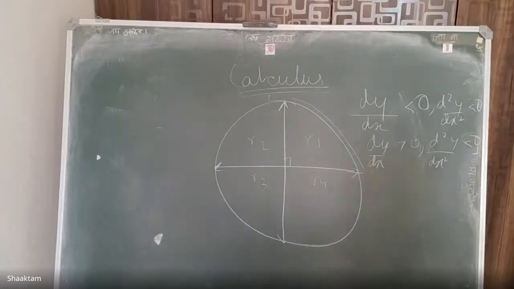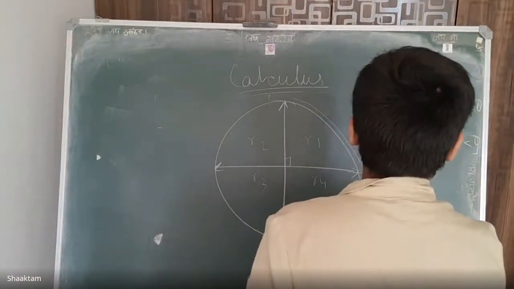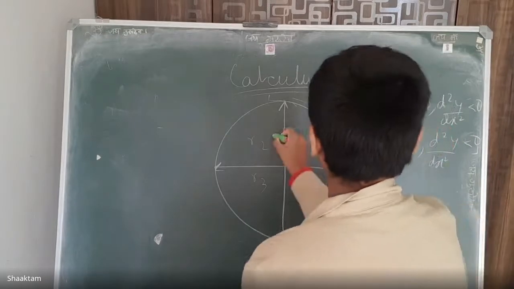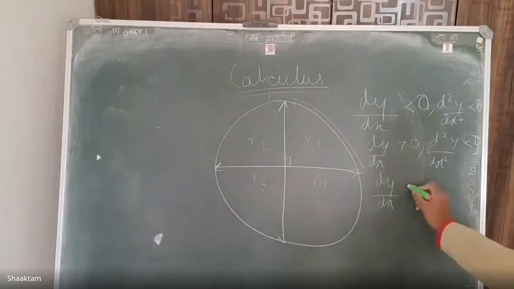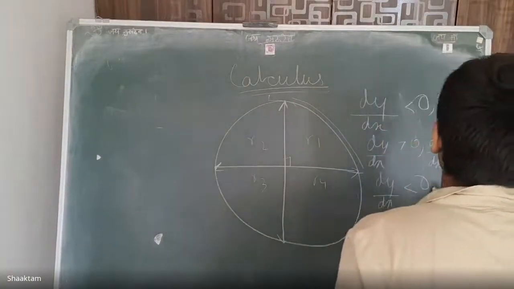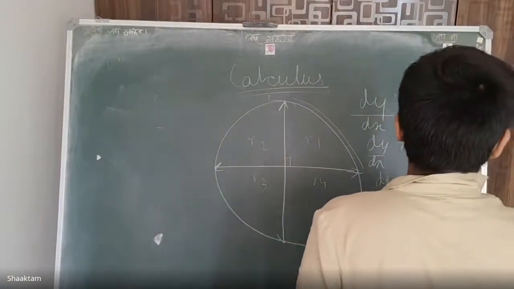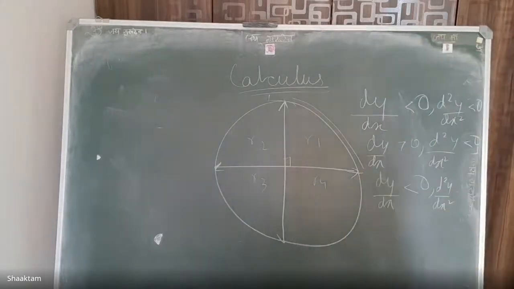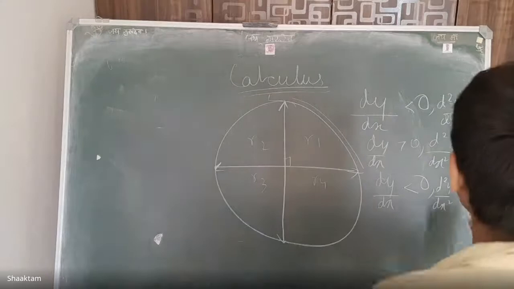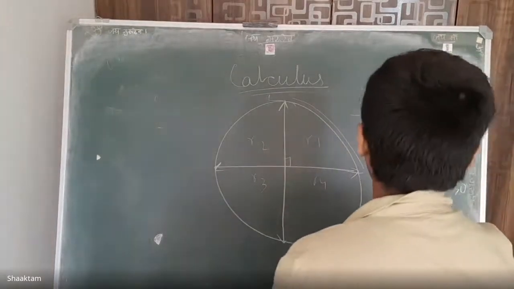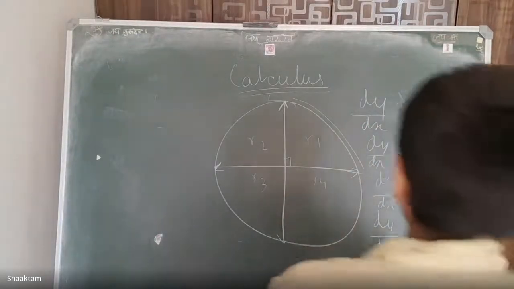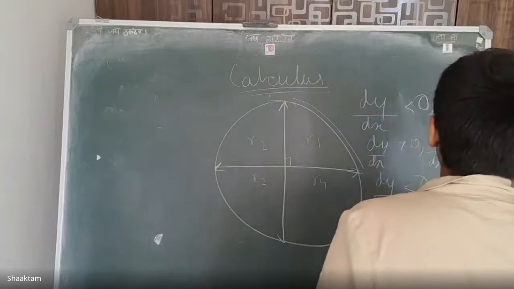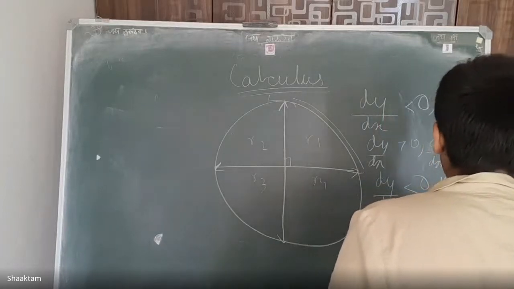Now for the third one, dy by dx is negative, d2y by dx square is positive. And in the fourth and final quadrant, dy by dx is positive, d2y by dx square is also positive.